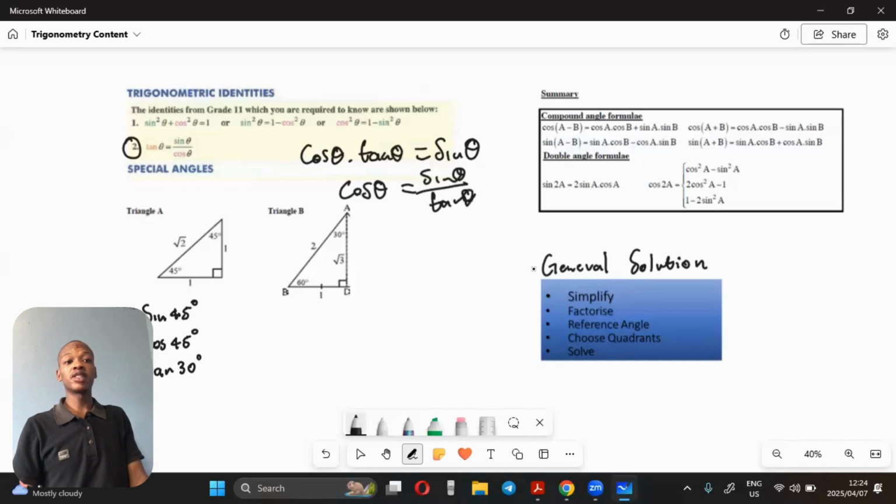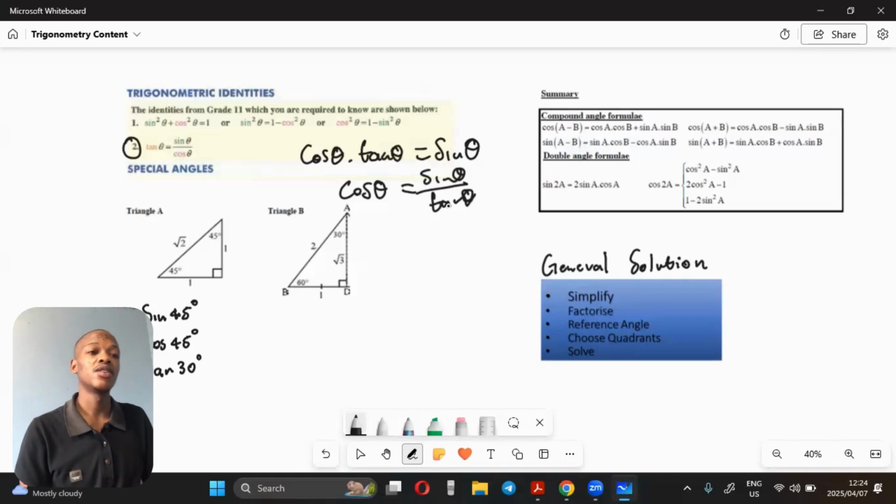Which means, if it can help you, whenever you see cos theta, you can equate it to sine theta over tan theta. Maybe you are trying to cancel out something. If it's going to help you, you can do this accordingly.